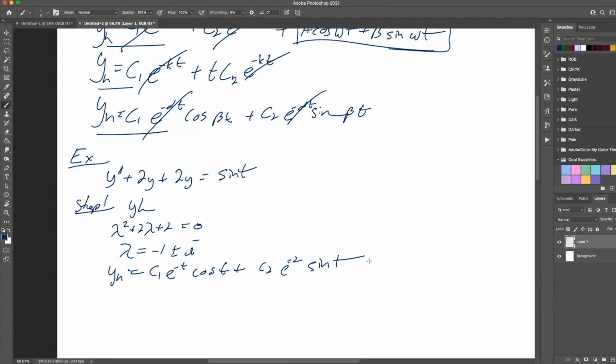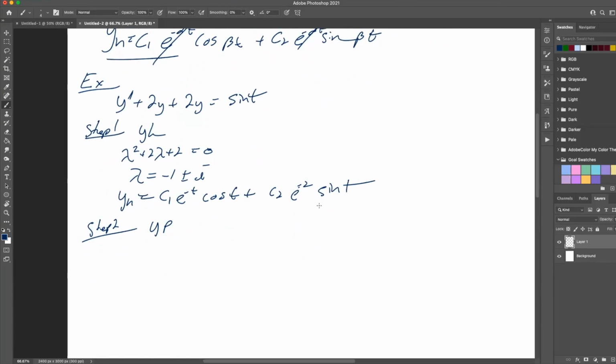All right. Now, our next step would be to find a particular solution, so y particular. What would we guess in this case? Well, here I'd guess some k1 sine of t plus k2 cosine of t. Now, do I need to multiply by t here?